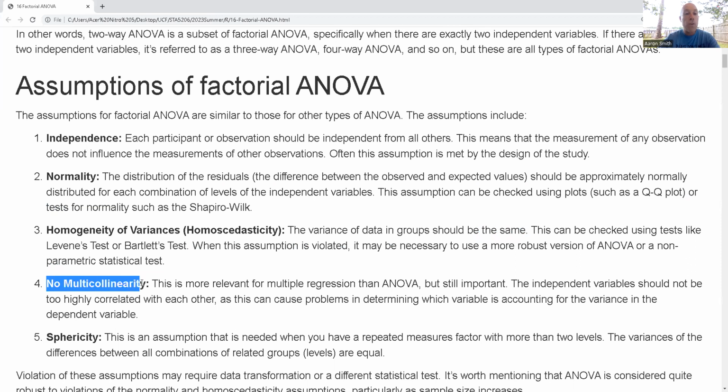Next one is no multicollinearity. All right, so the idea here is that, let's pretend for a moment, I have 10 independent variables. I've got a whole bunch of them.